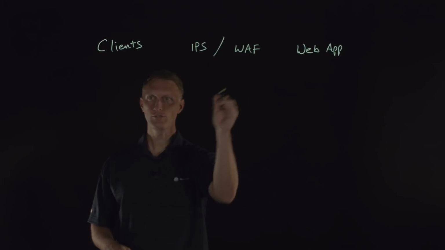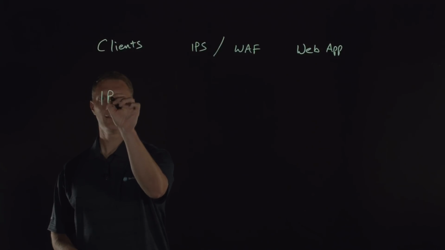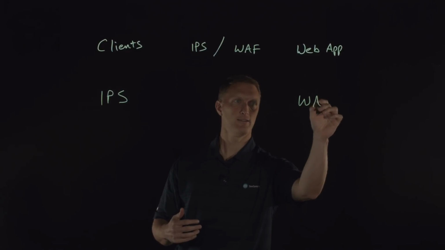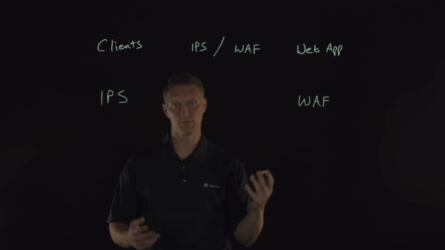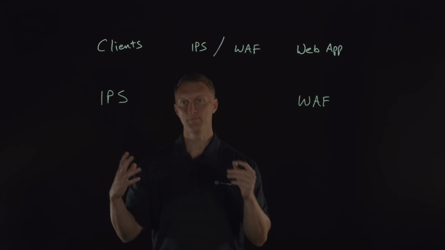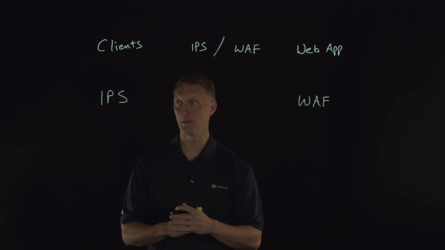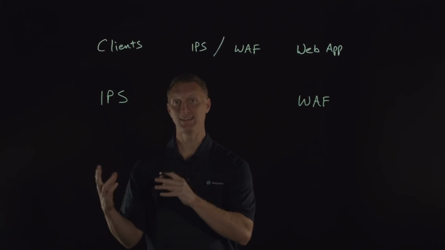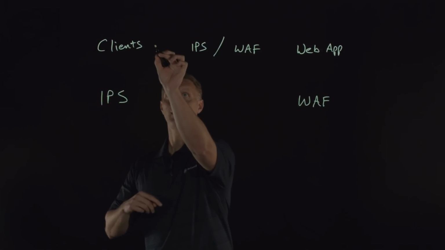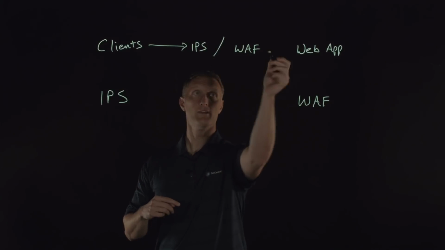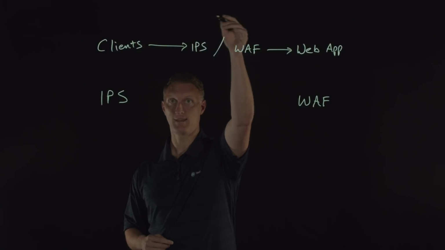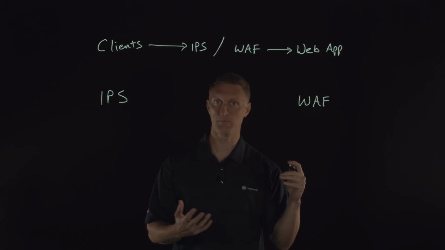All right, the intrusion prevention system. I'll put IPS over here and the WAF over here to highlight the differences or similarities. Intrusion prevention grew out of the IDS, the intrusion detection system. Instead of being in line, where clients would have to come through it to gain access back here, the IDS would sit out of band, and it would just monitor.